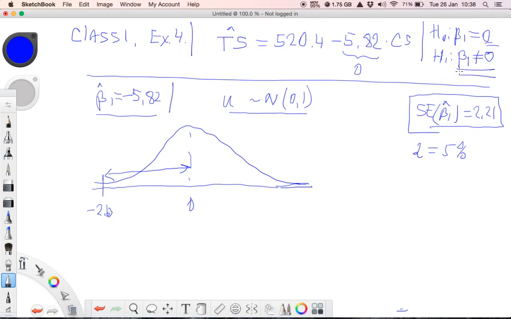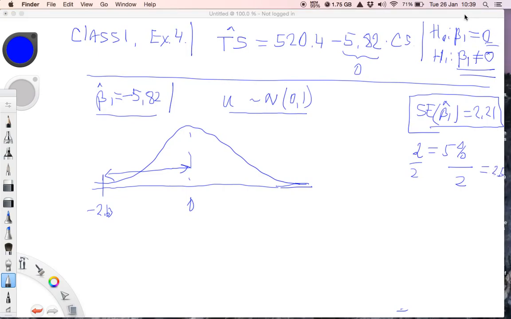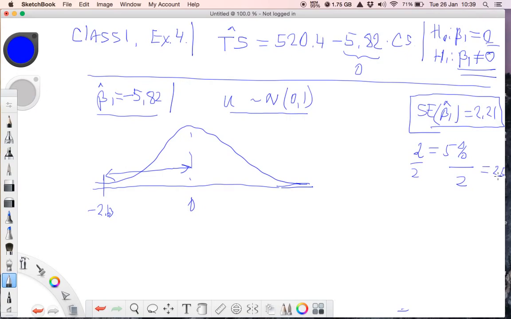So we are not told whether beta 1 is greater, or whether we have to test for a hypothesized value smaller than beta 1. So what we do is we split this by 2. So we need to test now at the 2.5% level. So this is basically 2.5%.